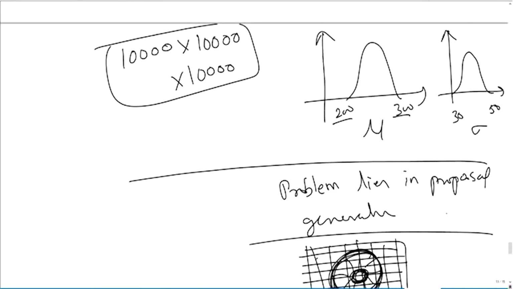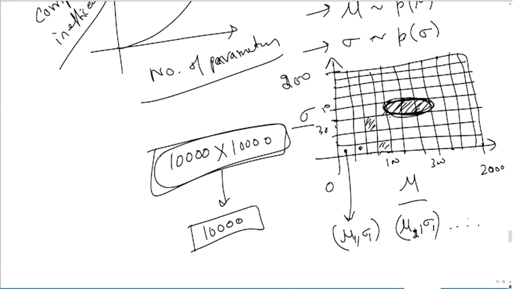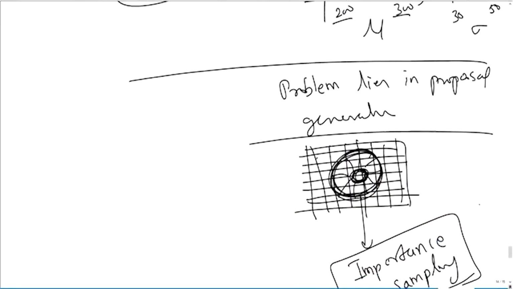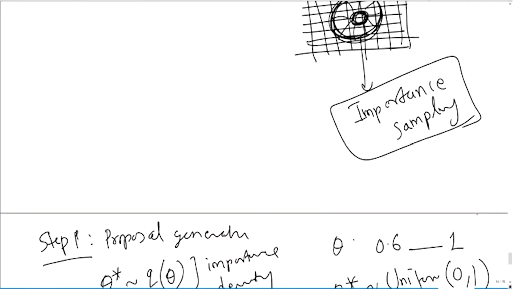This problem is happening because we are generating proposals all over the place, in this whole parameter space of mu and sigma, right? If we can limit the proposal generating space, then we can make it slightly more efficient, and that we do using importance sampling.